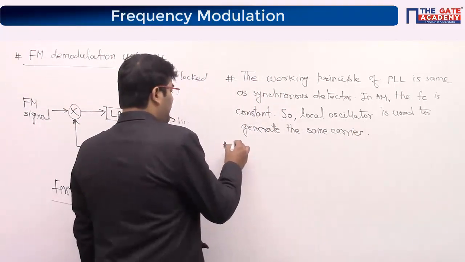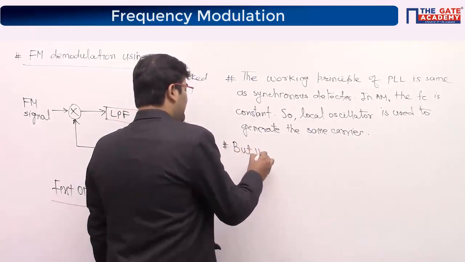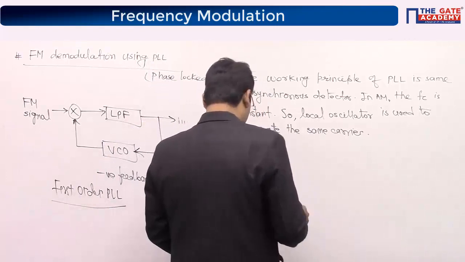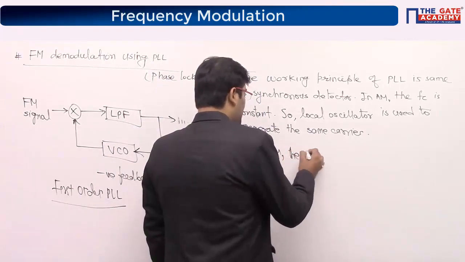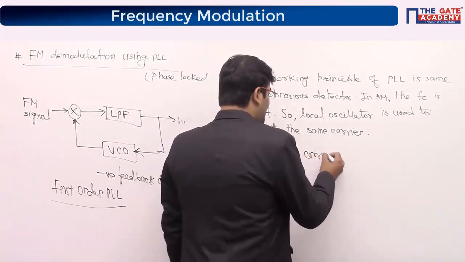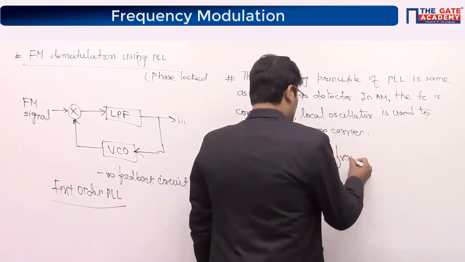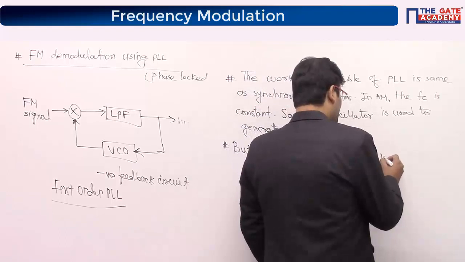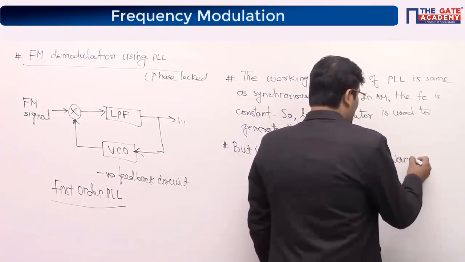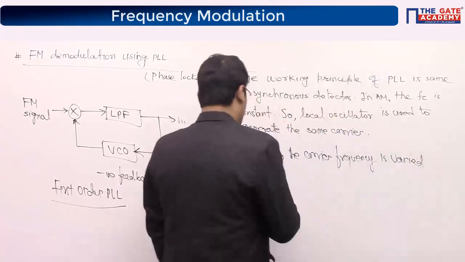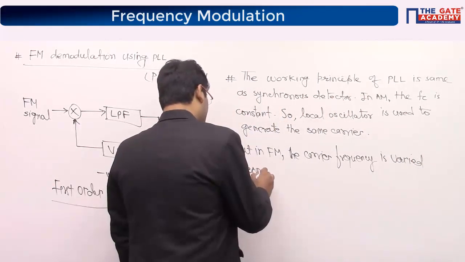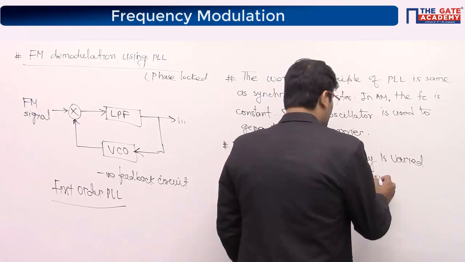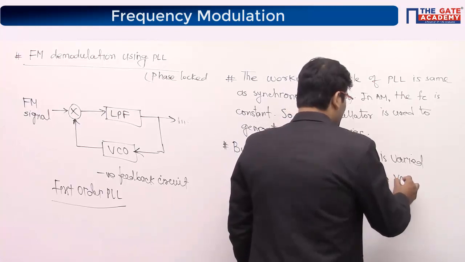But next point, in FM, frequency modulation, the carrier frequency is changing. The carrier frequency is varied according to the message signal, using a VCO.